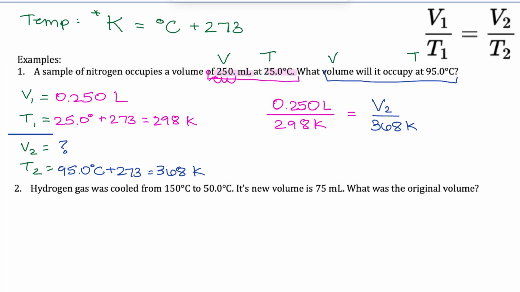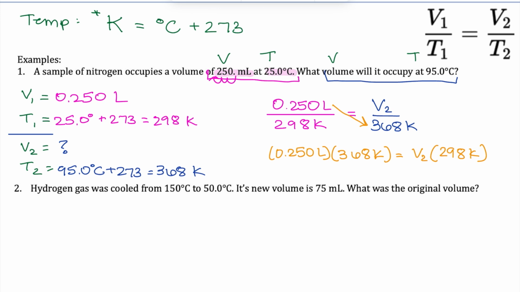However algebraically this makes sense to you, great, we can look at, okay, let's divide this and then multiply this over. You can also cross multiply and then divide, how I usually will, because it's always going to work. Cross multiply, we've got 0.250 liters times our 368 K is going to equal V2 times 298 K. That gets rid of any division we have.